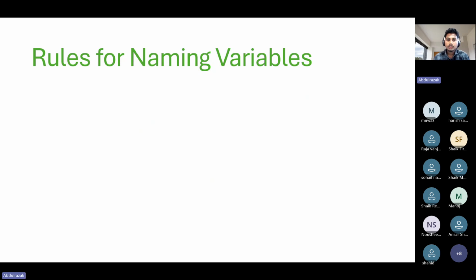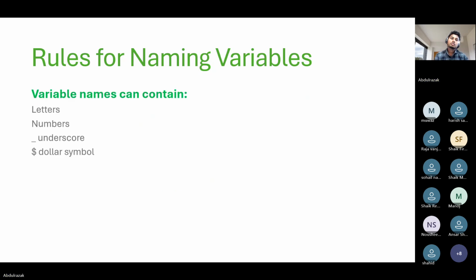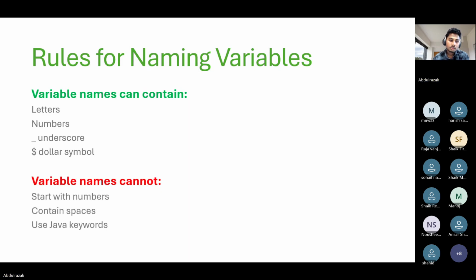So we have rules, right? The variable name can contain letters, numbers, underscores, and the dollar symbol. It should not start with numbers, it won't accept. Containing spaces, it won't accept. Java has some special keywords.